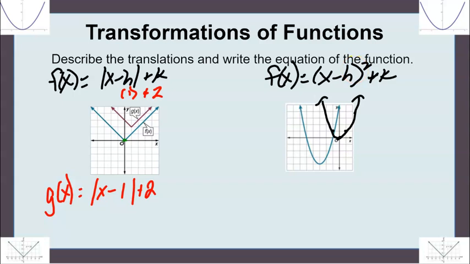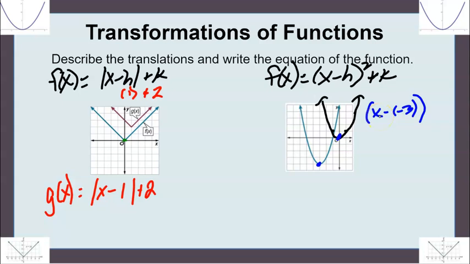So now we want to look at how the vertex changed from here down to here. So we know that it went to the left 1, 2, 3 steps. So again, I have the x minus. It went to the left 3, so that means our h is a negative 3.